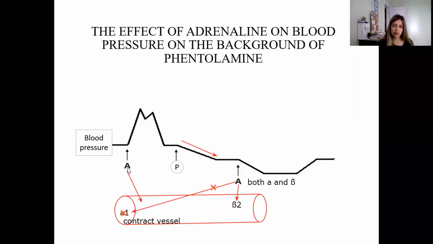Actually it was working in the beginning too when we first gave it, but it was not that visible because the effect from alpha was much stronger. But now we don't have the effect from alpha because it is blocked, and we have only the effect on beta-2, and we remember that beta-2 is always relaxation, and that's why after injecting adrenaline we have even more reduction of blood pressure, because now it works only for relaxation. Is that clear? I hope yes.